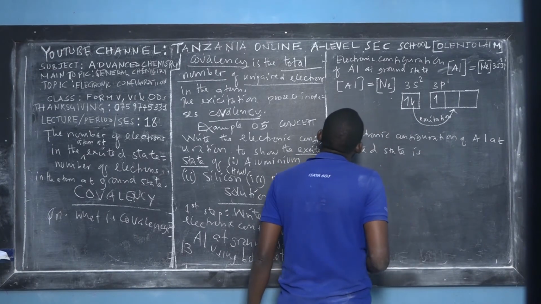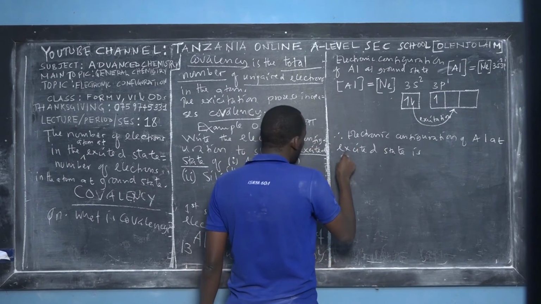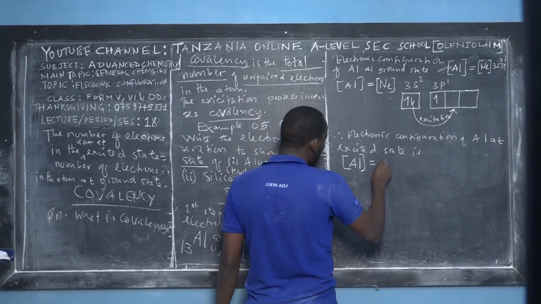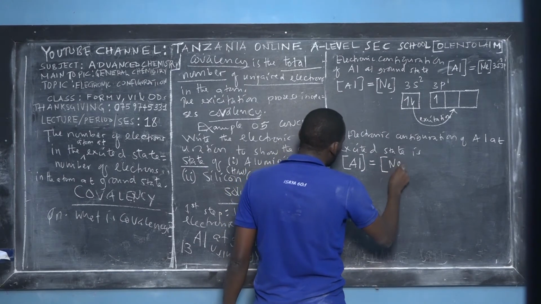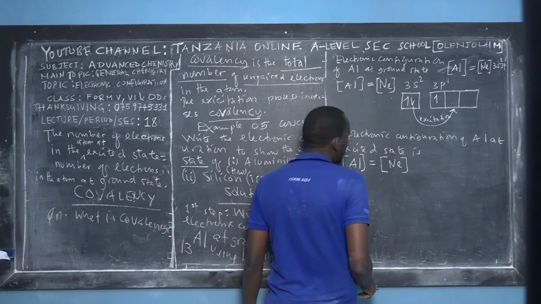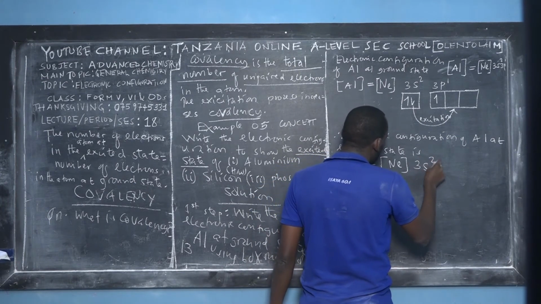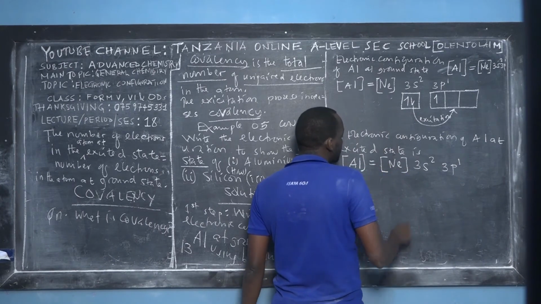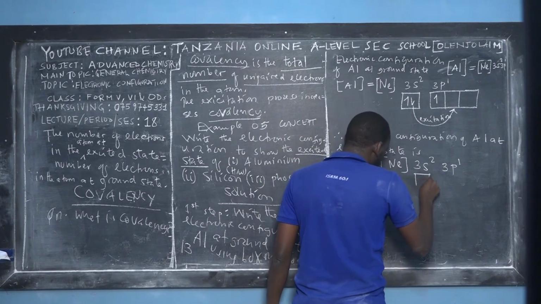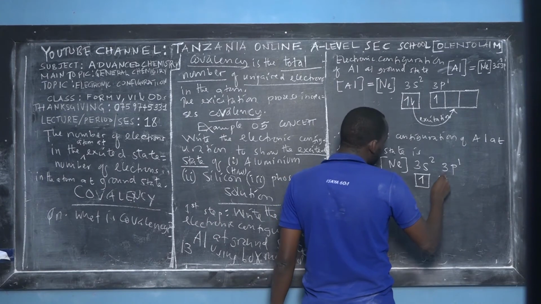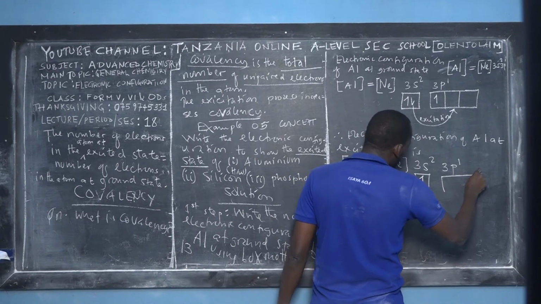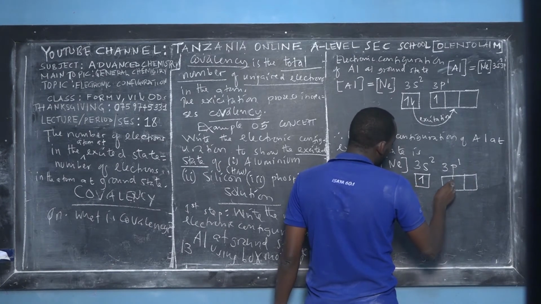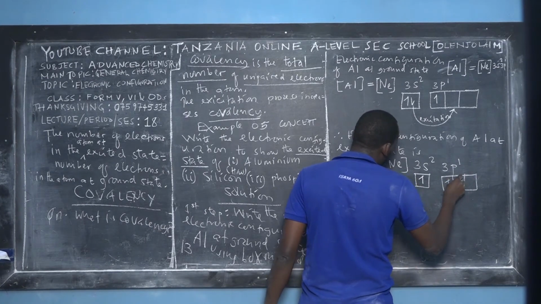The electronic configuration of aluminium is equal to what? Neon, and then 3s1, 3p2. So the s orbital now contains 1 electron, and the p sublevel, which contains 3 orbitals, has been filled with 2 electrons.